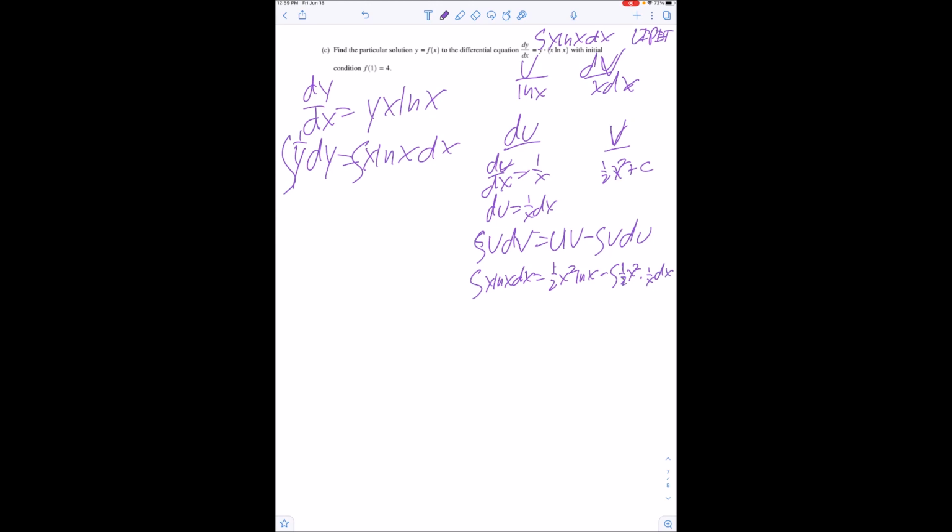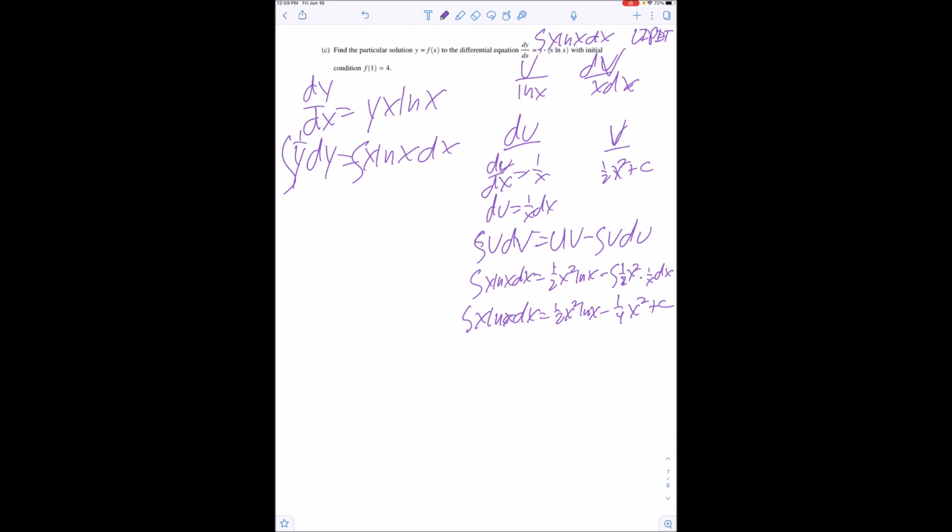These cancel out, so it's the integral of 1/2 x dx, and using the power rule, divide by 2 because it's x to the 2 now. So x ln x dx equals 1/2 x squared ln x minus 1/4 x squared plus c. Don't forget the plus c, very important.